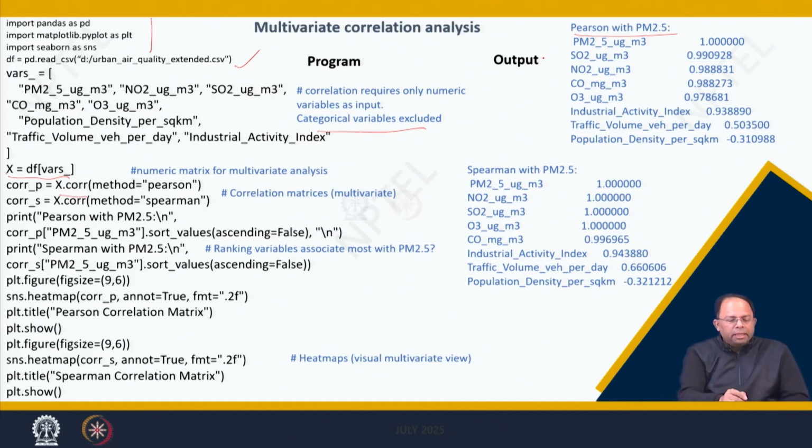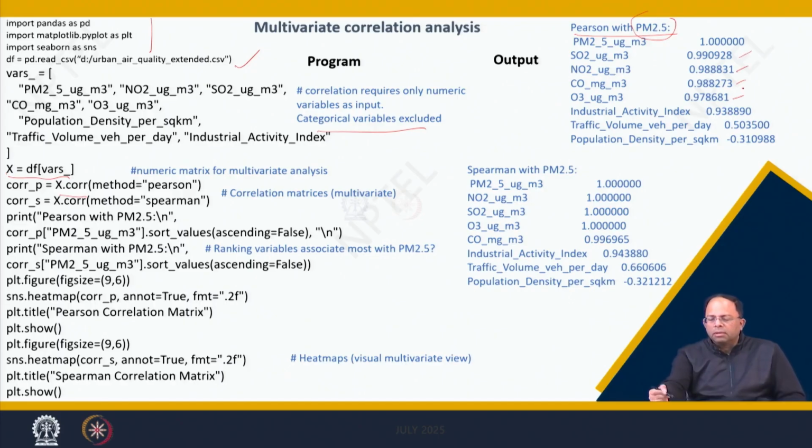So you can say that when we have taken PM 2.5, then SO2, NO2, all of these are correlated with PM 2.5, and these are the values which are coming from those. Here all these values are very, very correlated.